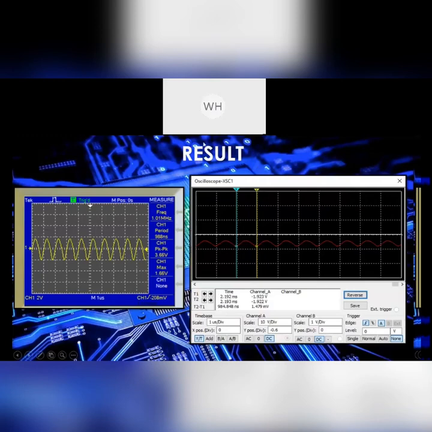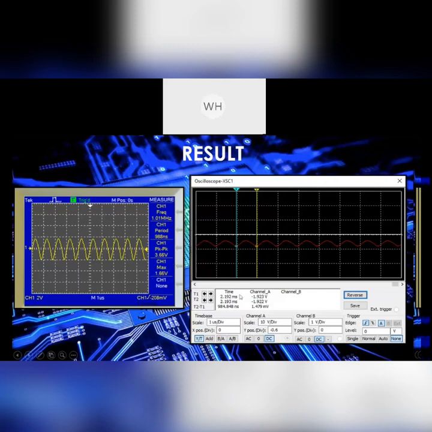So for the next slide, from this circuit we can get the result. We can get the frequency of 1.01 megahertz. The period is 988 nanosecond. For the peak to peak we can get 3.66 volt, and the max value is 1.66 volt.